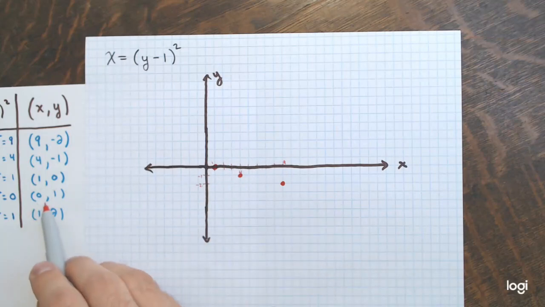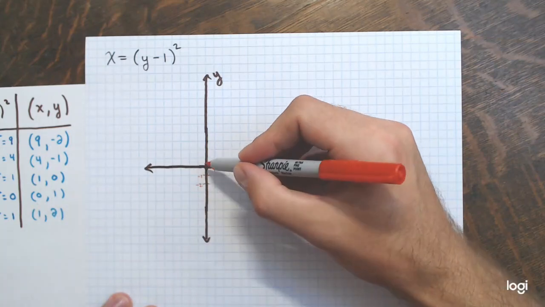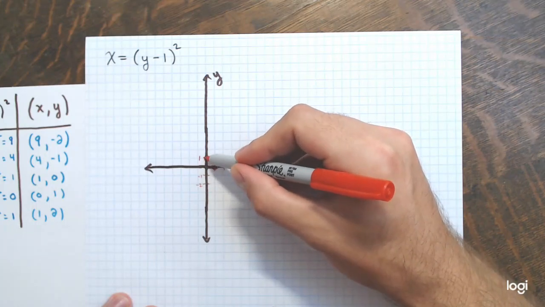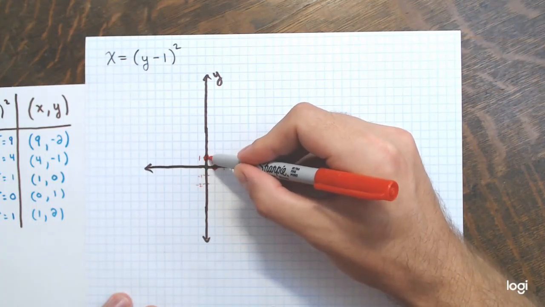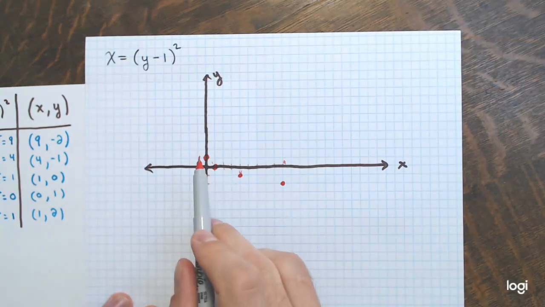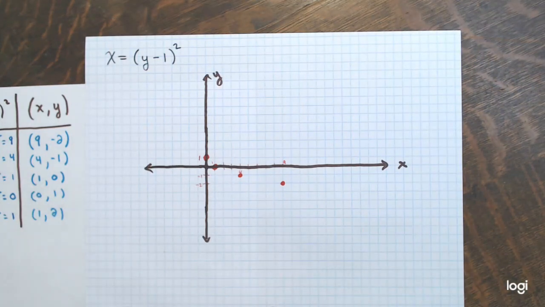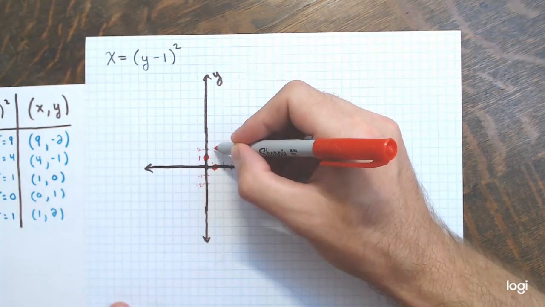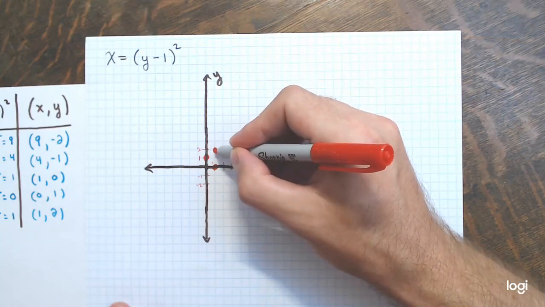Then 0 for x, 1 for y. That's this point on the y-axis. Great. Definitely not a straight line now. Hopefully you're seeing that. And then 1 for x, 2 for y. That's this point here.